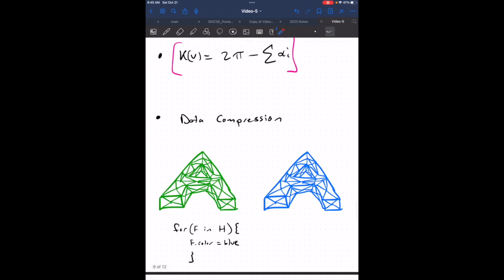And if the curvature is 0, I could remove that vertex and combine some faces and remove some edges and significantly reduce the storage size of my object that maybe I have to recolor 1,000,000 times. So this for loop is running 1,000,000 times. Well, if I can reduce the size of my input by half, I've made a dramatic improvement here.